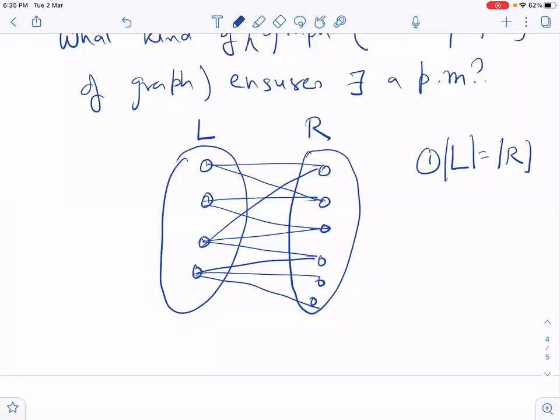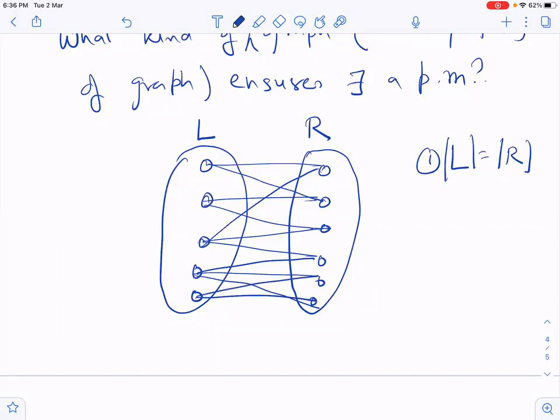If you want to ensure that every job has a person and every person has a job, then you should have these two numbers to be the same. And so similarly here, L must be equal to R. That's the first property.